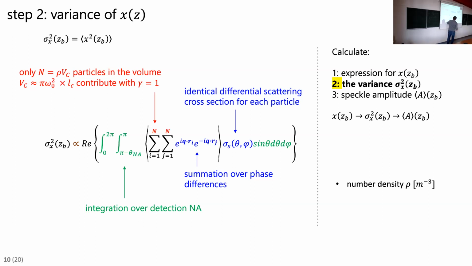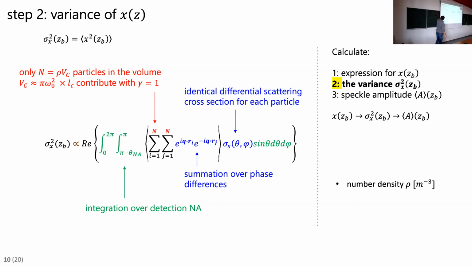What's a little bit tricky here is to determine which particles will contribute to the signal. So there is a limit to the sum: N is rho times a certain volume, so that is the number of particles that will contribute.